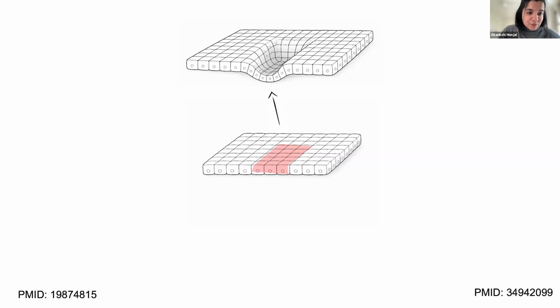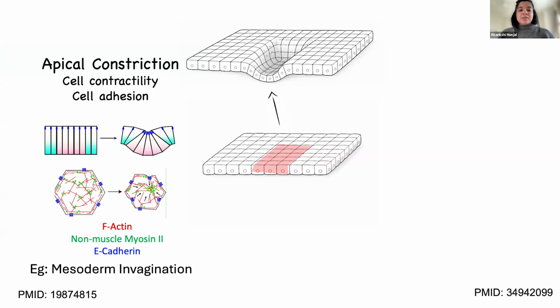So we know this body of work where you can constrict apical surfaces by polarizing actomyosin contractility and sliding junctions on the apical basal surface, and this creates bends in tissue that subsequently invaginate.